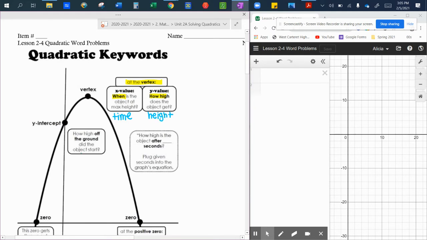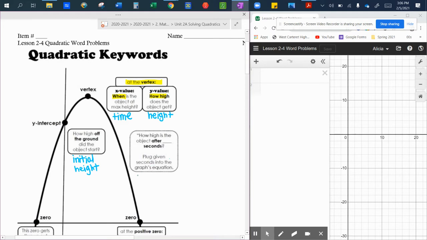My y-intercept is always my initial height. So that's where we're starting out. And we can be asked questions like, how high is the object after blank seconds? That means I would plug in the given seconds to the equation.